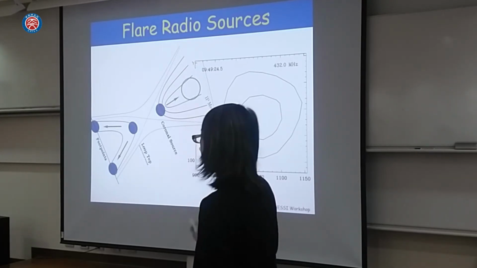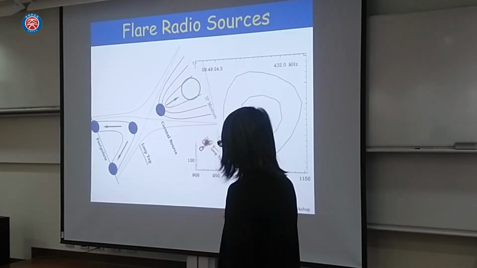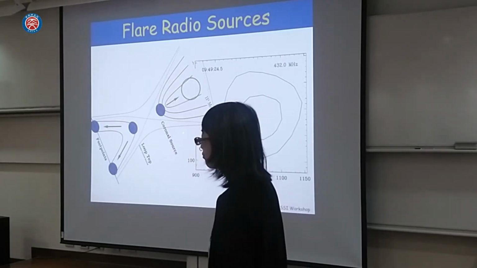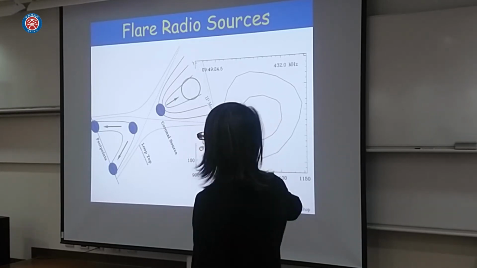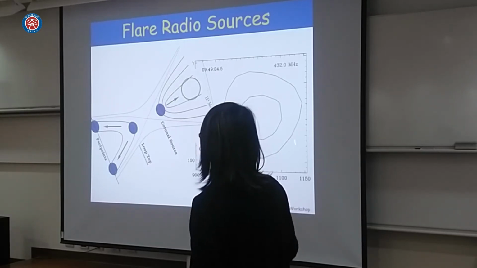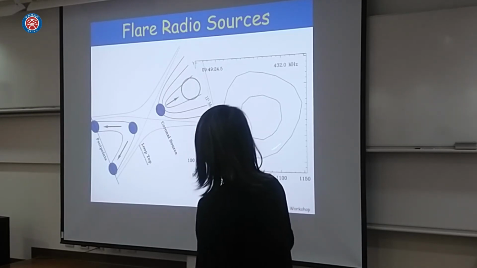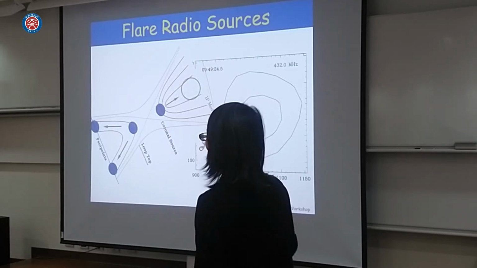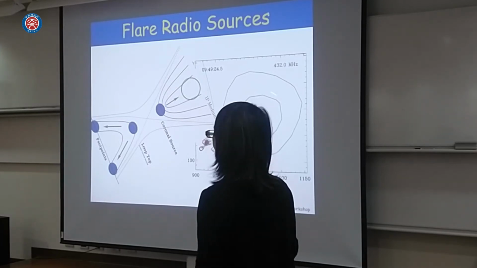And when the electron beam keeps moving outward, you can see some radio source at higher altitude, or even into the interplanetary space. And I want to say that the radio source is quite a bit larger than the HXR source. That's just due to the lower resolution in radio imaging.